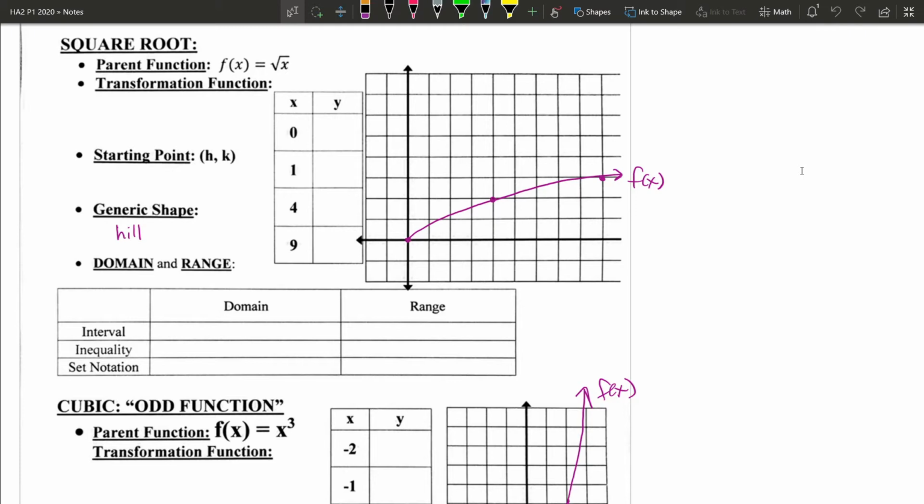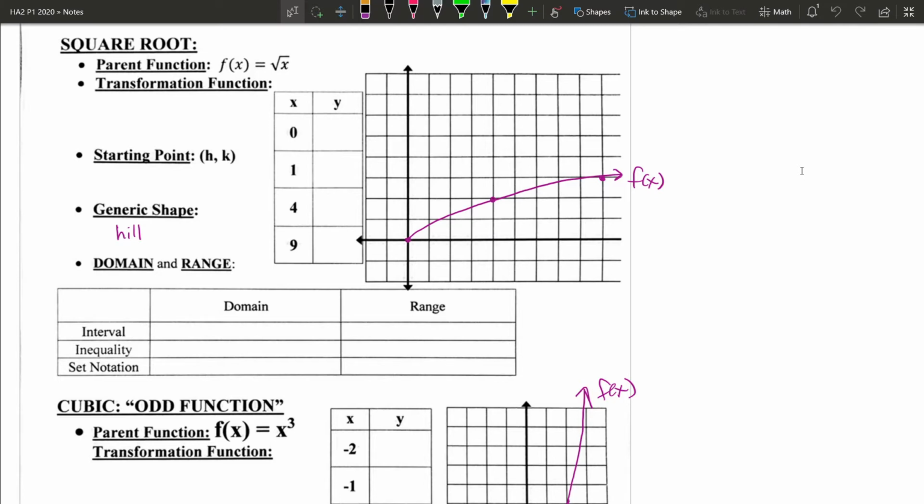If you don't, your life becomes challenging very fast, because I don't know the square root of 2 off the top of my head. I mean, you can estimate it, but it's much easier to pick points like 0, 1, 4, 9, 16, so you can get the graph a little bit easier.